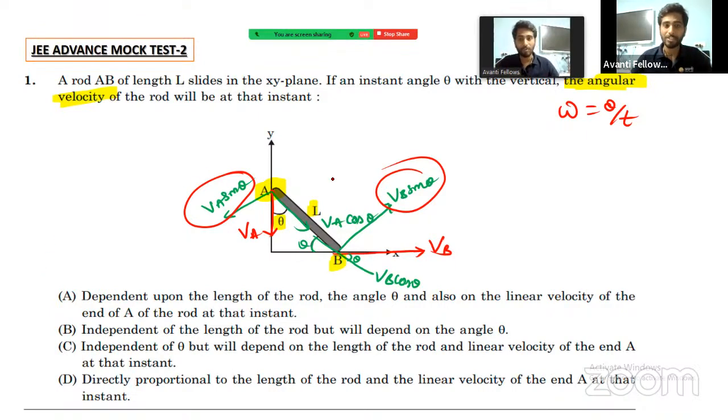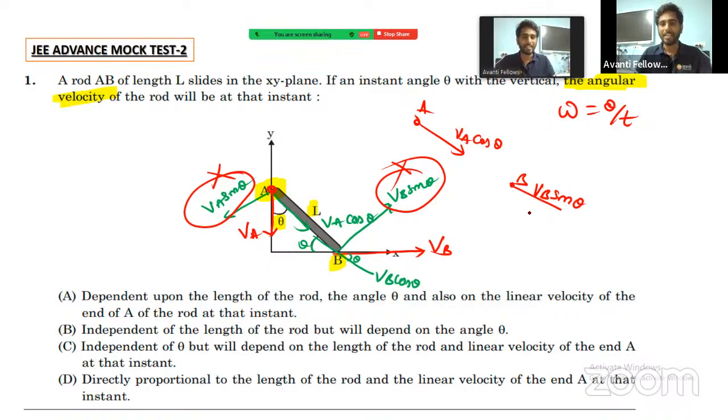So these two terms will cancel each other, and only these two velocities remain: at point A, VA cos theta, and at point B, VB cos theta. These two are in the same direction.